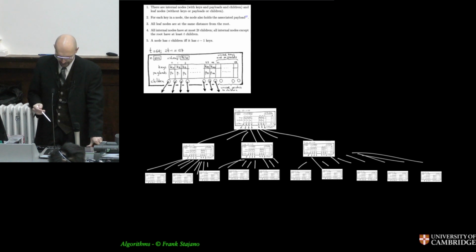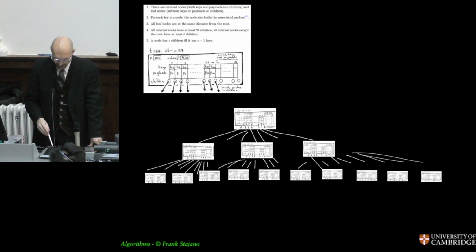And the only node that is allowed to have less than the minimum number of children is the root, because otherwise you could never have less than T items in the B tree.